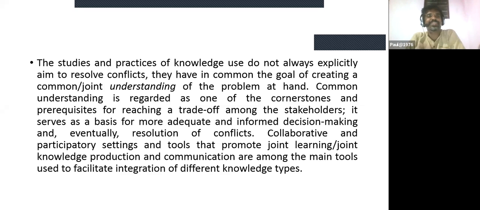Common understanding is regarded as one of the cornerstones and prerequisites for reaching a trade-off among the stakeholders. It serves as a basis for more adequate and informed decision making and eventually resolution of conflicts. Collaborative and participatory settings and tools that promote joint learning, joint knowledge production, and communication are the main tools used to facilitate integration of different knowledge types within all these three domains.